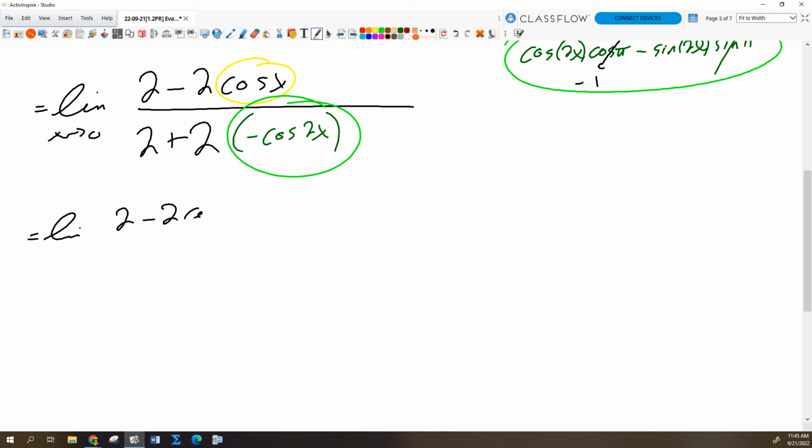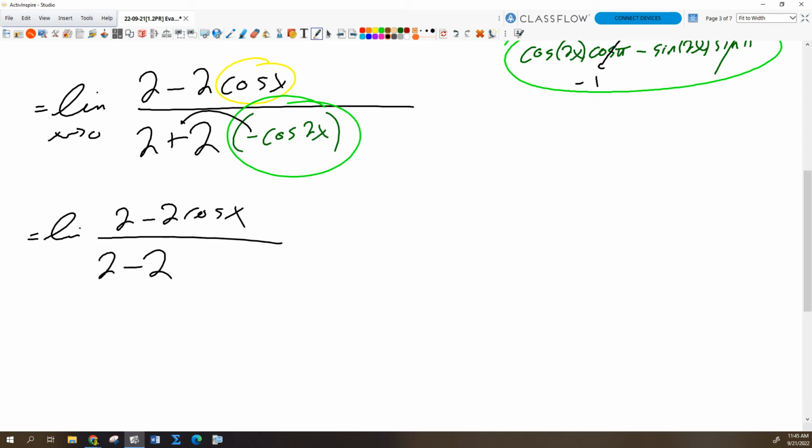That one's fine. On the bottom, we could pull that negative out front. And cosine 2x, remember, we could write that if we wanted to as cosine squared minus sine squared. Okay. That's what this is. Cosine 2x becomes cosine squared x minus sine squared x. So on the bottom, we're going to end up with 2 minus 2.